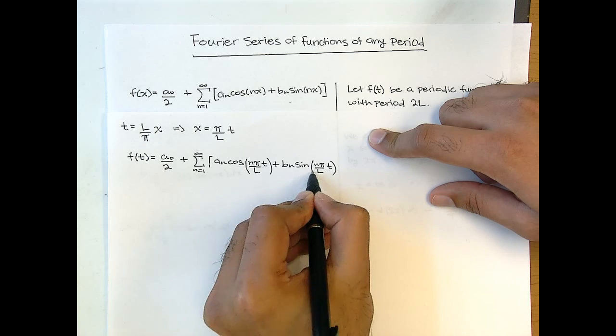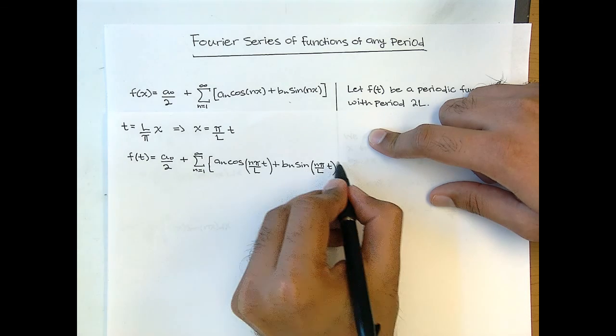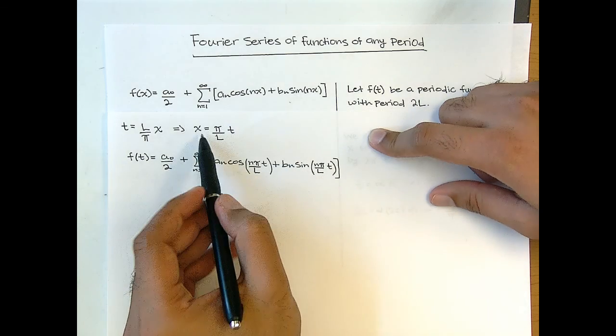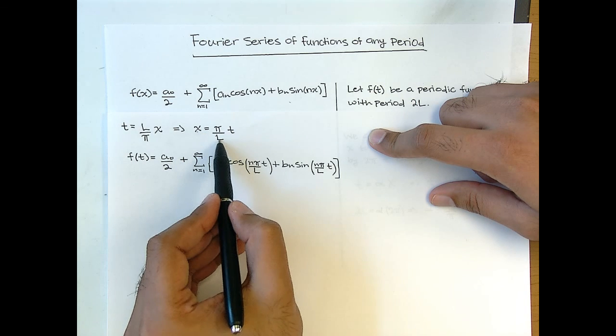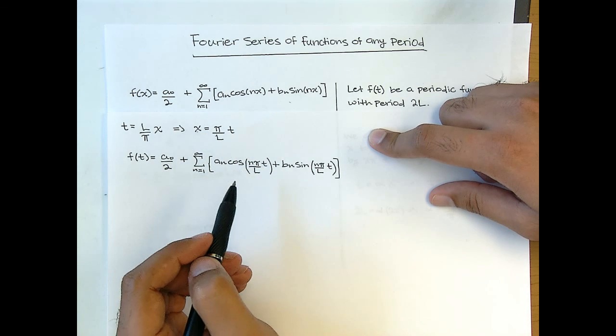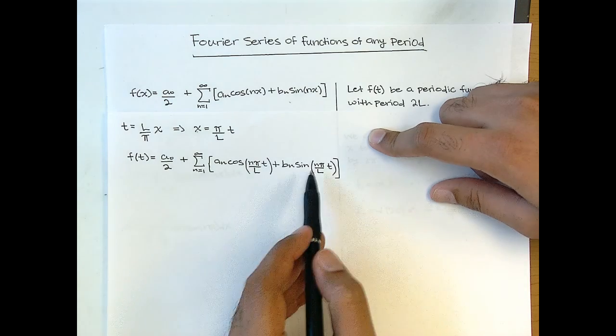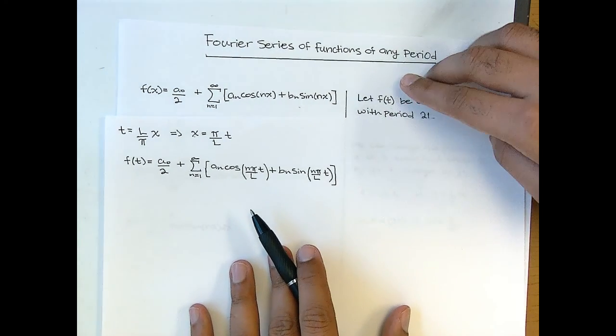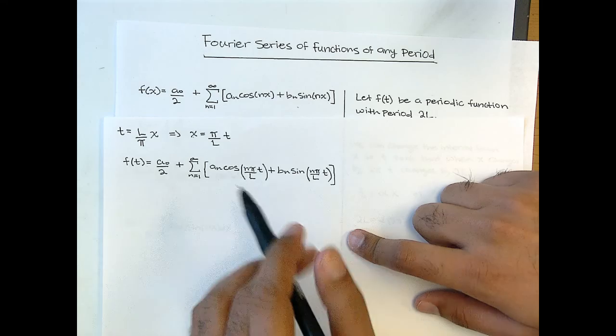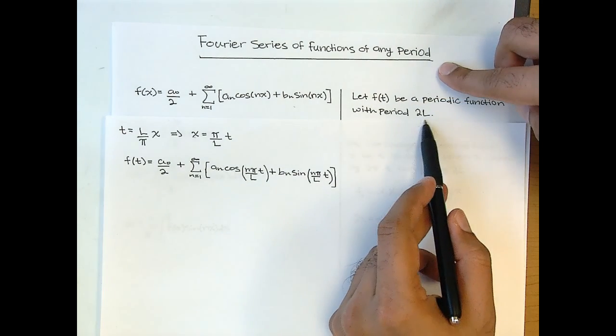I've just substituted this expression, pi over L t, for x. Okay, so this is the Fourier series for a function that has a period of 2L.